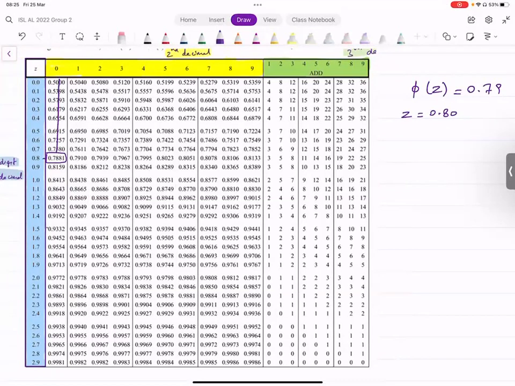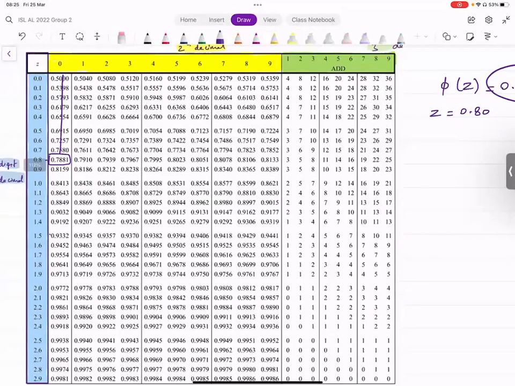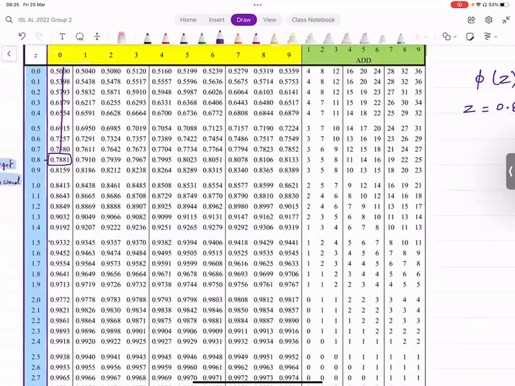अब हमें देखना है 0.7881 में कितना add करना पड़ेगा to get 0.79. So how much do we have to add here? We have to add 19, right? 81 में 19 add करेंगे तो क्या हो जाएगा? We will get 00 at the end और ये 79 हो जाएगा यहाँ पे. हमें 19 ऐड करना. अब हम क्या करेंगे? राइट साइड पे जाएंगे और देखेंगे 19 कहाँ पर आ रहा है.